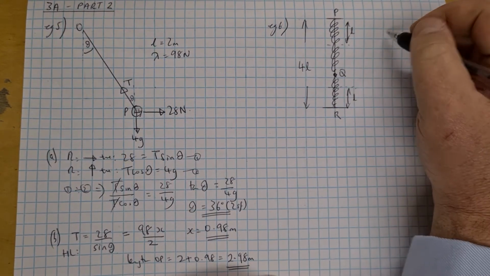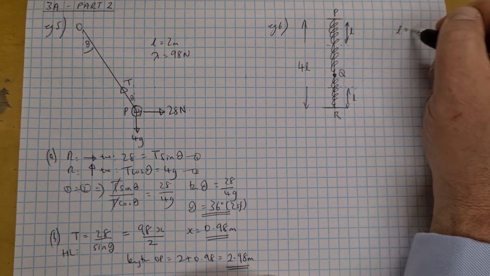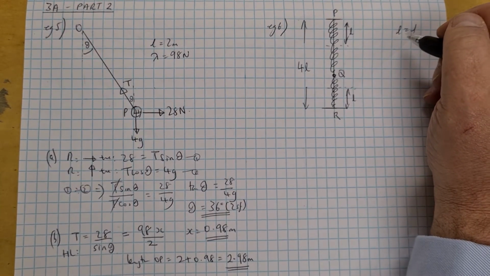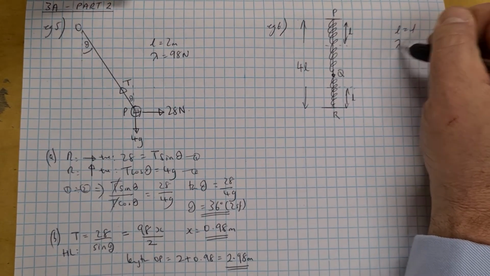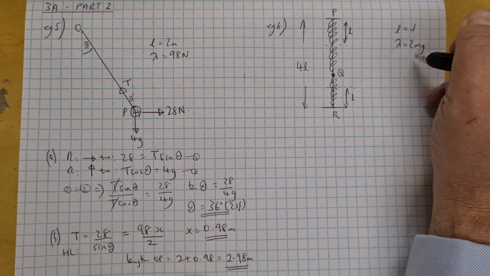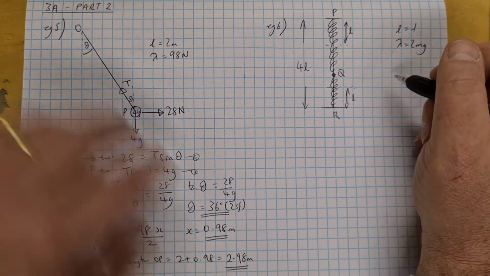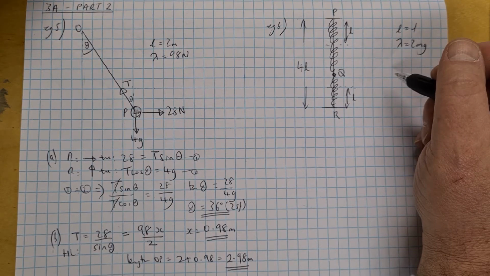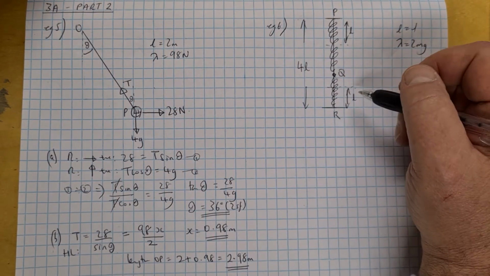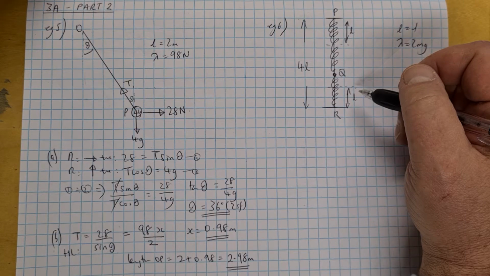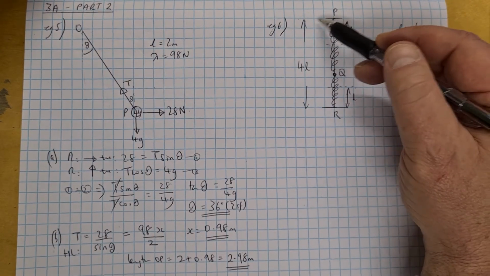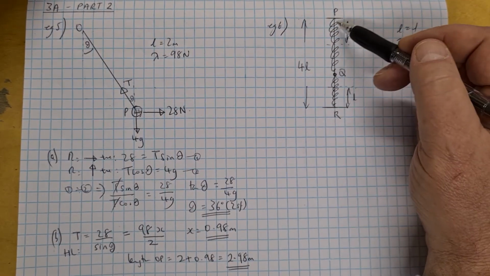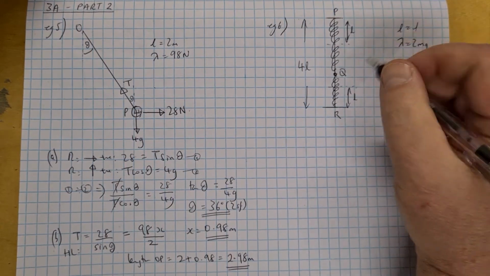Each have natural length L and modulus of elasticity 2mg. So they both have natural length L and modulus of elasticity 2mg. They're joined together at Q, and their other ends, P and R, are attached to fixed points where the distance is 4L vertically between those 2 points P and R.